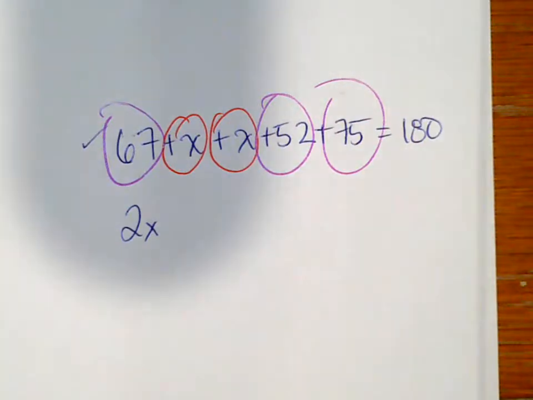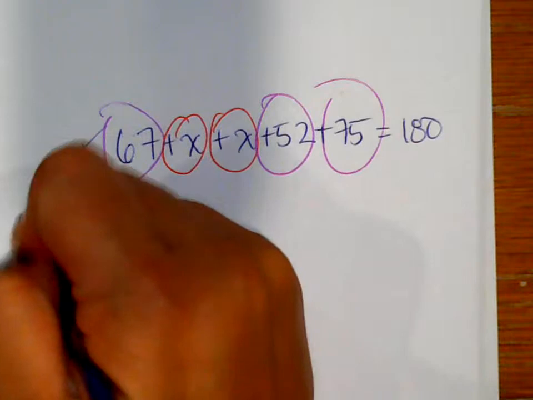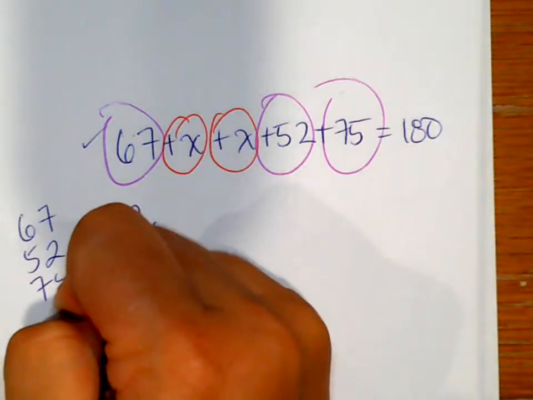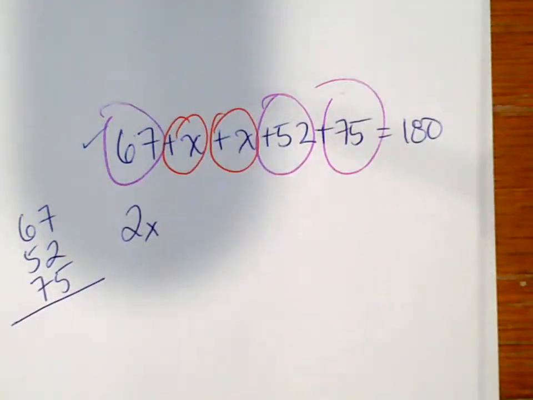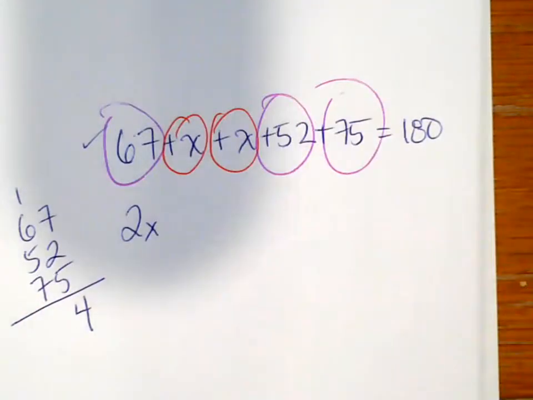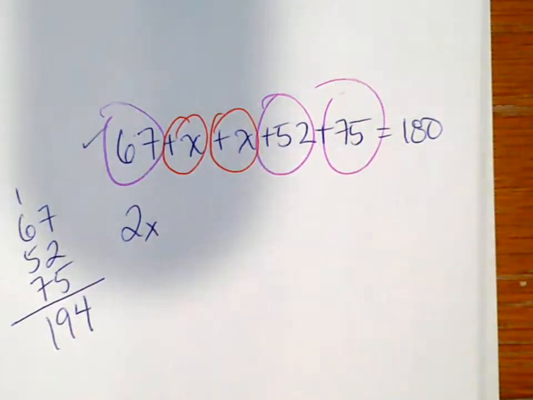All right, so I'm going to add all those up. This one's going to come out to be a little ugly because it's going to be a negative, but it'll work out okay. So 7, that's going to be 14, carry 1. I've got 13, 14, 194.